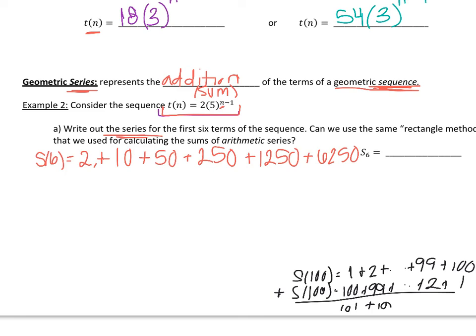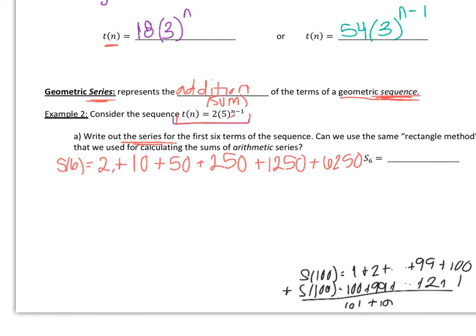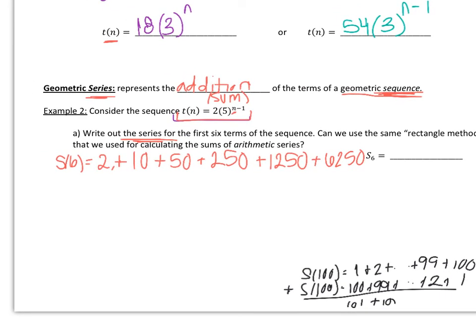So if I flip the order of this sequence, then if I add it to itself, but flip the order, that would be 6250 plus 1250 plus 250 plus 50 plus 10 plus 2.